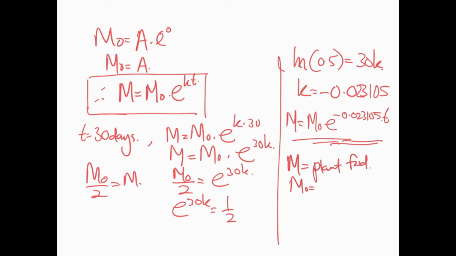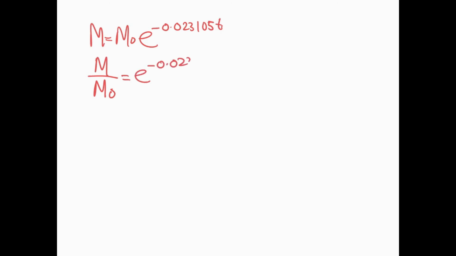When t equals 35, we have m equals m0 e to the power of negative 0.023105t. So to find the amount of food present after 35 days, this can be done by taking m divided by m0, which is e to the power of negative 0.023105, and this time t is 35.